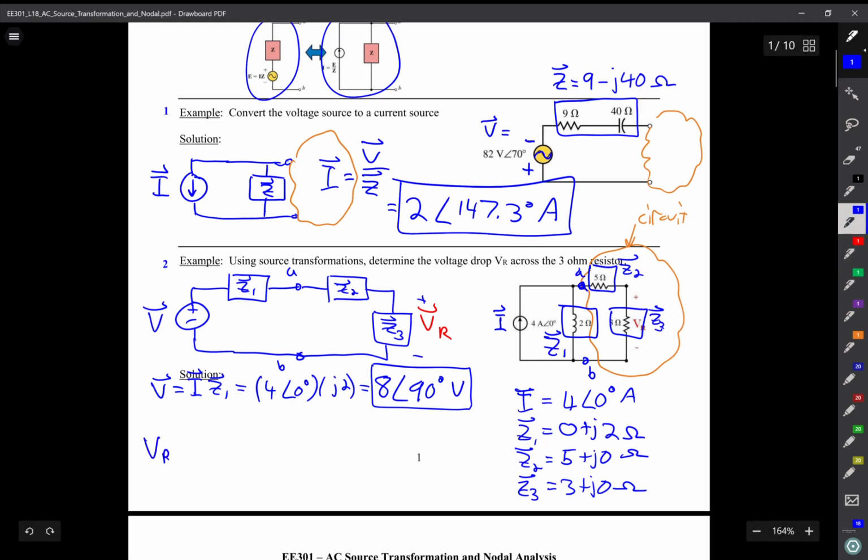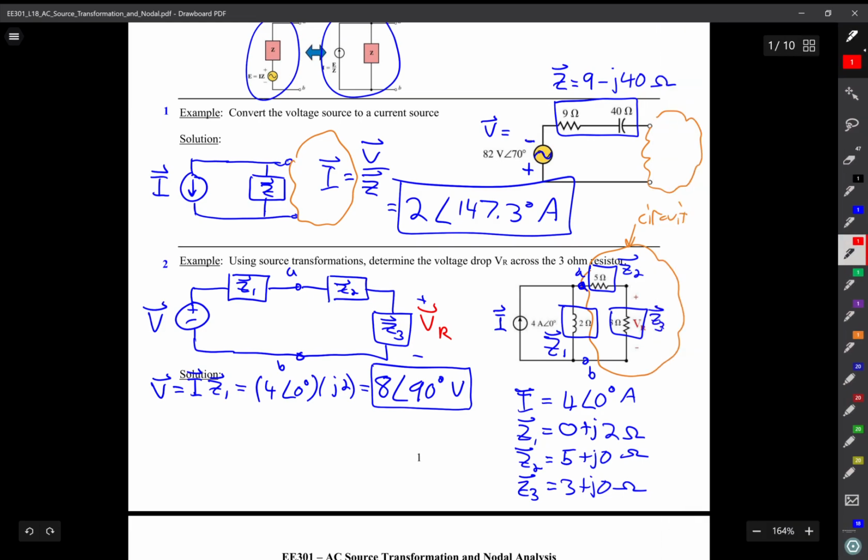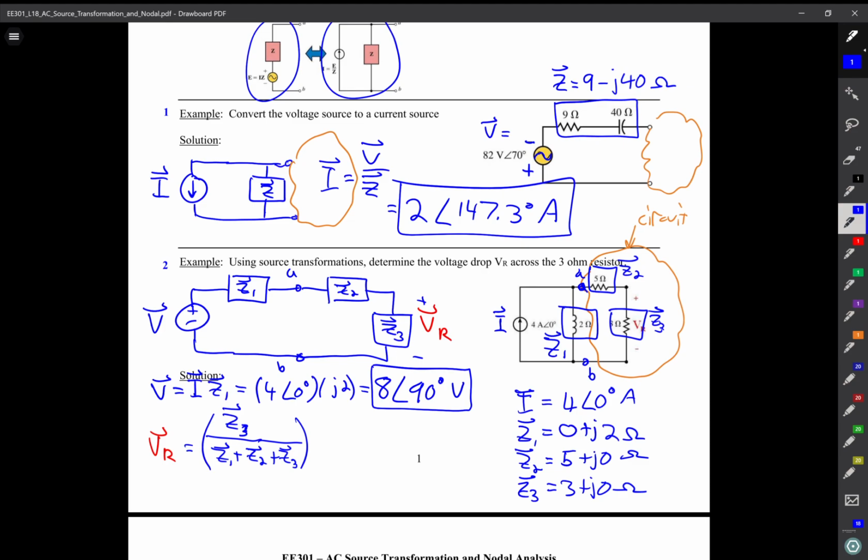So VR in my final answer is going to be equal to the ratio of my impedance Z3 divided by the total impedance in that path, which is Z1 plus Z2 plus Z3. Notice that I put arrows on top of all of those impedances there. And I'm going to multiply that by V, my total voltage.